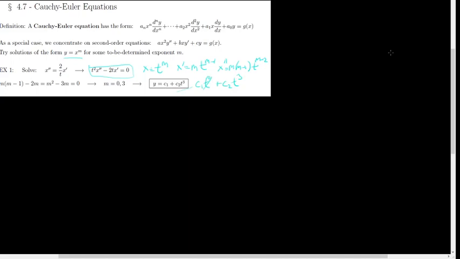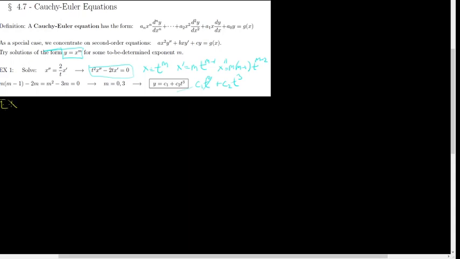Okay, so that's the idea of Cauchy-Euler equations. The main thing to remember is that you're guessing the solution x to the m here, rather than, say, e to the mx or something else.